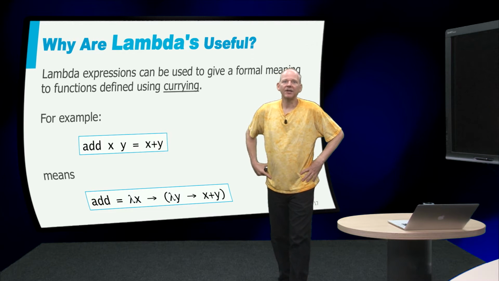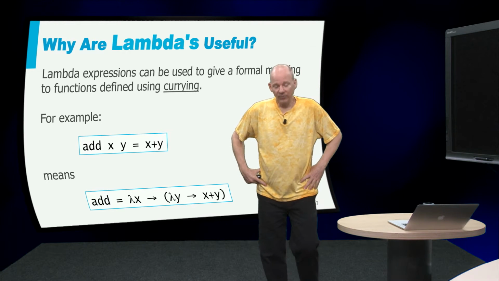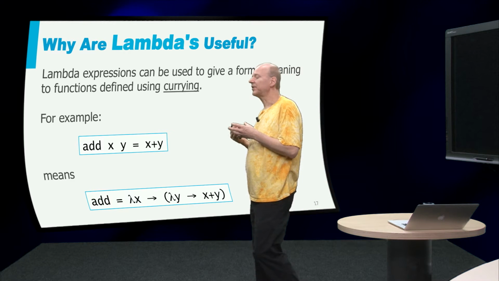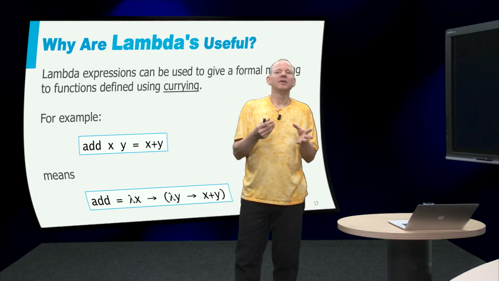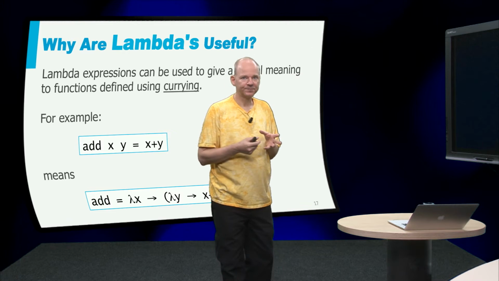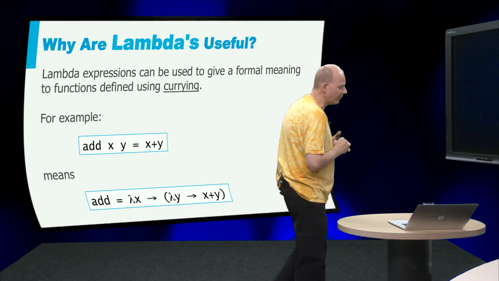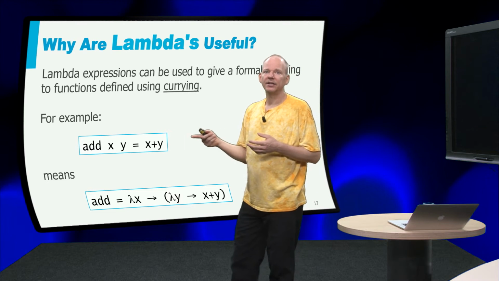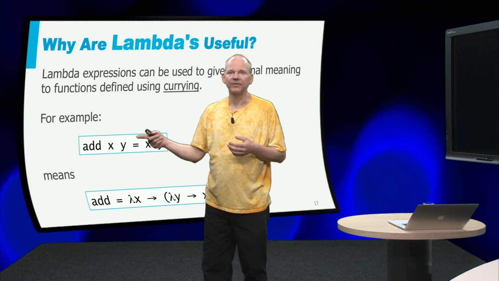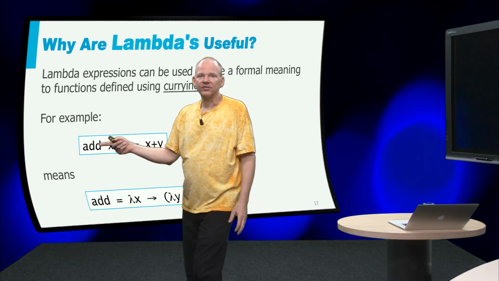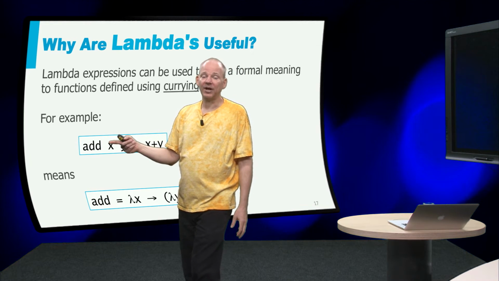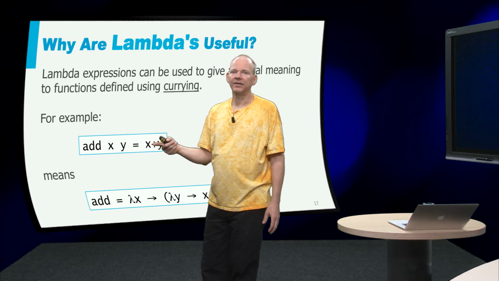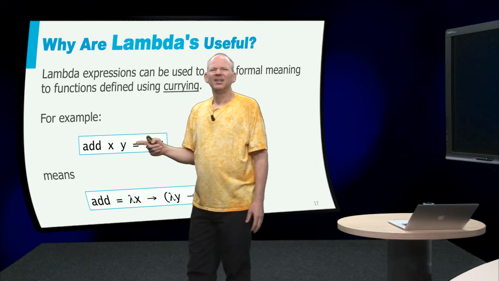So why are lambda expressions useful? Well, they are useful because they allow you to express your intent better when you're defining curried functions. Let's look at this first example here. Instead of writing add x y equals x plus y, so this is a curried definition, this is a function that takes a parameter x, returns a function that takes a parameter y, and then returns x plus y.